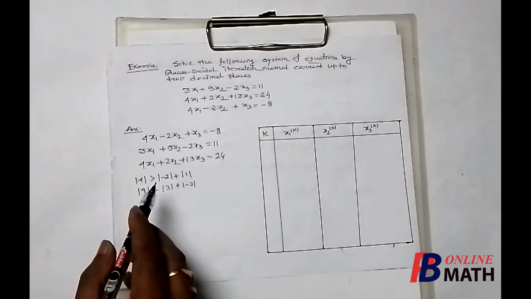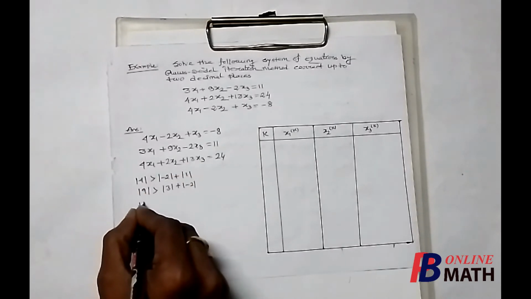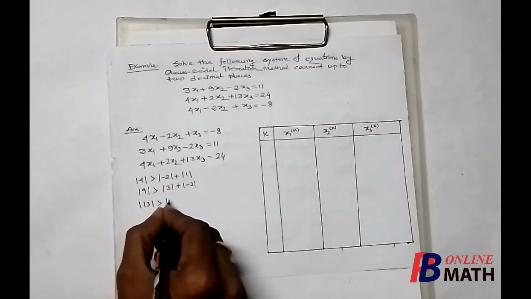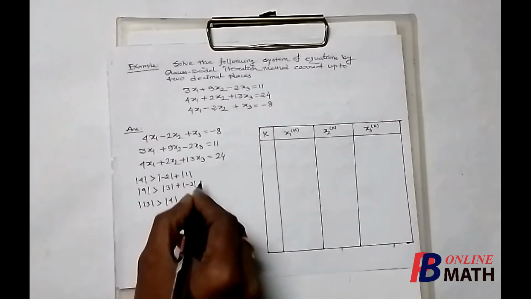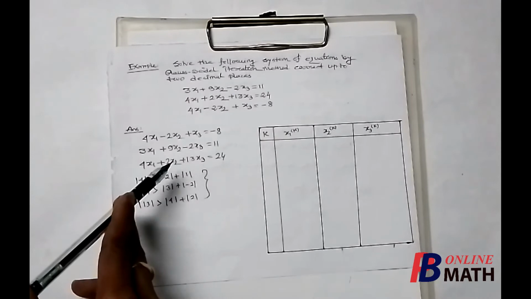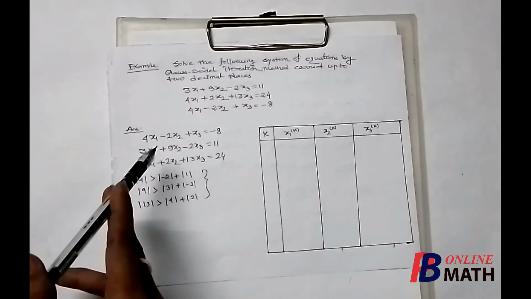And from the third equation we find that modulus of 13 is greater than modulus of 4 plus modulus of 2. So all these three conditions are satisfied. So this system is diagonally dominant. Now we can solve this system by using Gauss-Seidel iteration method.